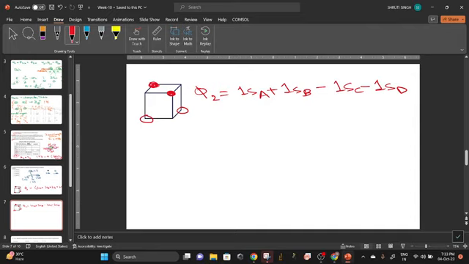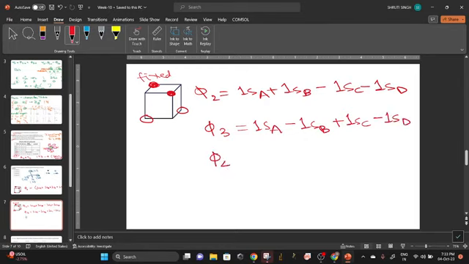We will keep 1sA fixed and change the other 3. So psi 3 will be 1sA minus 1sB plus 1sC minus 1sD, and there will be one more combination, 1sA minus 1sB minus 1sC plus 1sD.